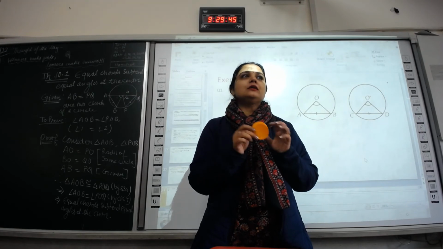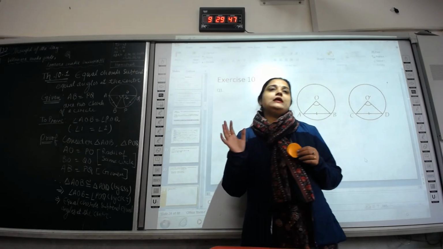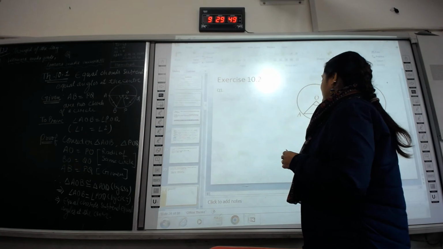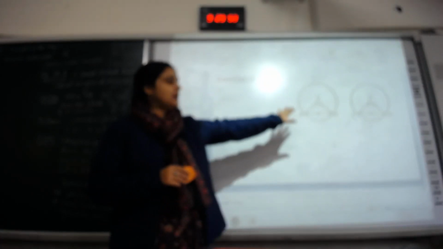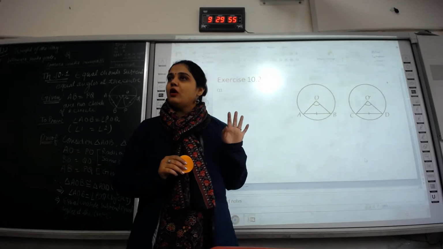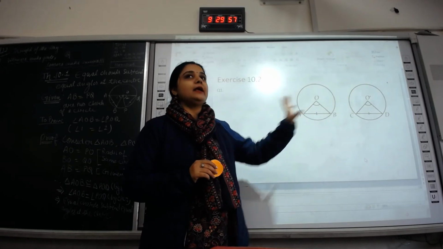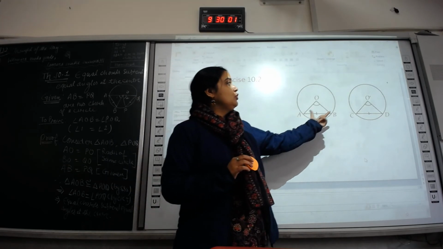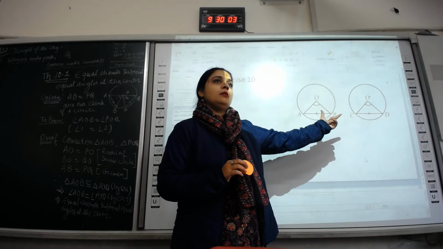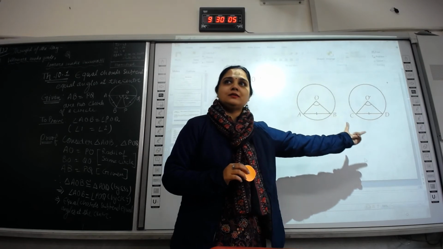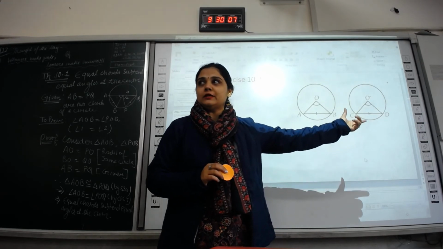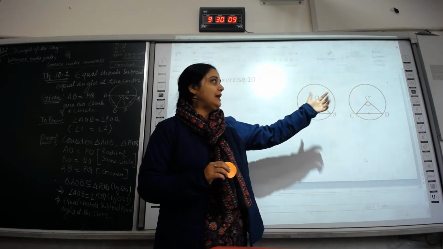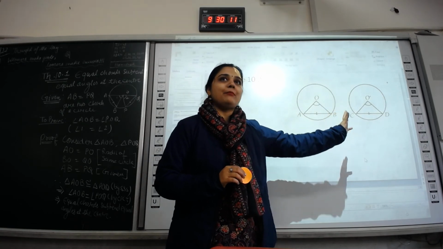Okay. So in this question, he is saying that we have two congruent circles. That means we have two circles whose radii are equal. And then we are drawing two chords in them, one in the first one and one in the second one. And while drawing these chords, we are keeping in mind that the chords are also of same length.